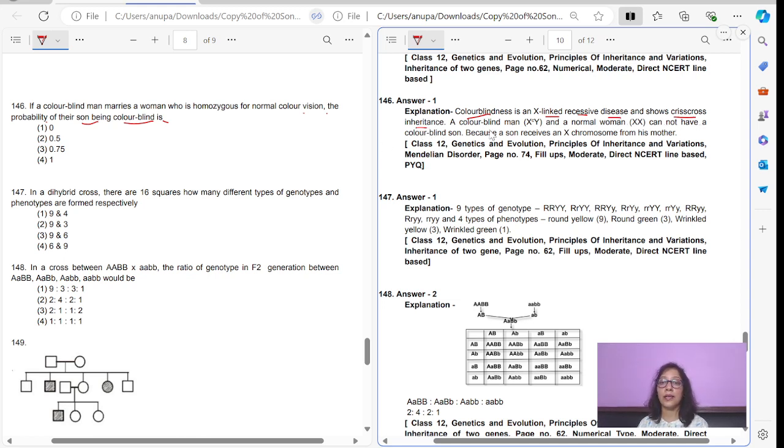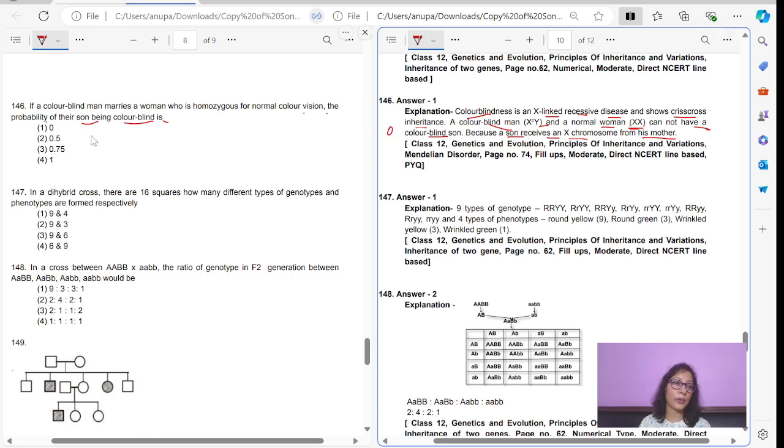It means that a color-blind man and a normal woman cannot have a color-blind son, because the son receives the X chromosome from his mother, and the mother has normal vision, meaning she has XX chromosomes. Hence, there is no chance that the son will be color-blind. So the answer of this question will be 0.